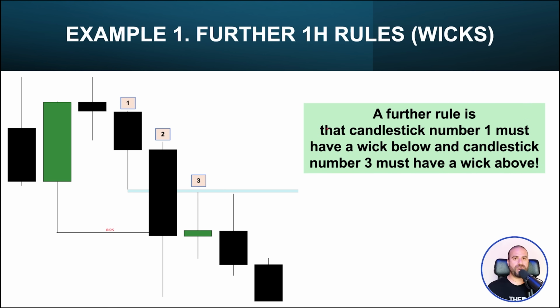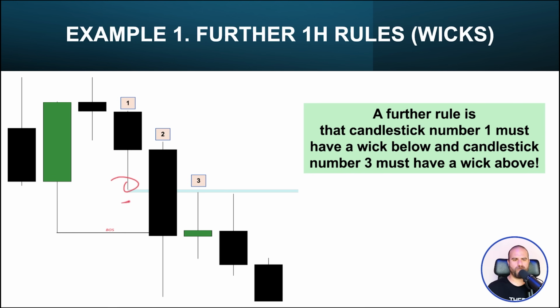Now, further rules, as we have talked about them in one of my previous videos, maybe the one I created 3 or 4 weeks ago, I do not recall. A further rule is not only that the fair value gap should be a tiny one, candlestick number 1 out of the 3 that created the fair value gap must have a wick below. As you see, here we have a very large wick.